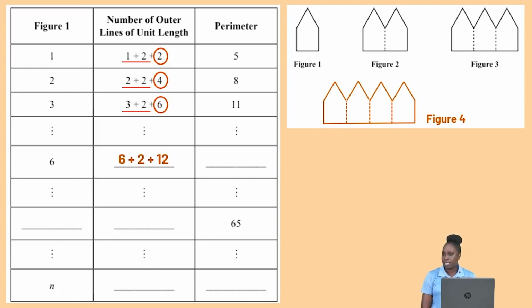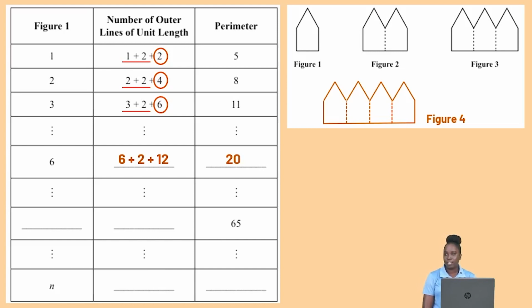In order for us to get our next blank spot pertaining to figure 6 on the perimeter, we'll now note that in order for us to get those perimeters, it was just a matter of adding the number of outer lines with the unit length. So if we add 6 plus 2 plus 12, we get 20.